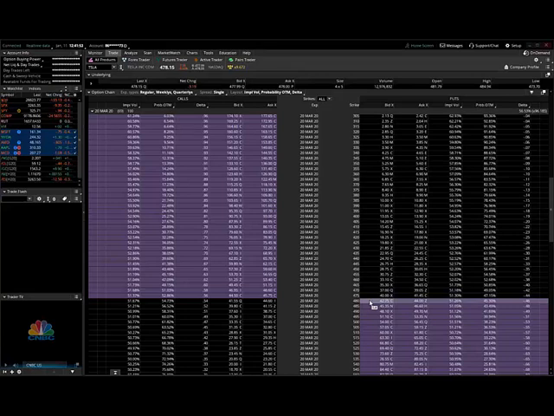So instead of paying $478.15 a share, why don't we, let's look here. What we're going to look for is a call option, which are the calls on the left side, a call option where the ask price and the strike price equal as close to $478.15 as we can get.